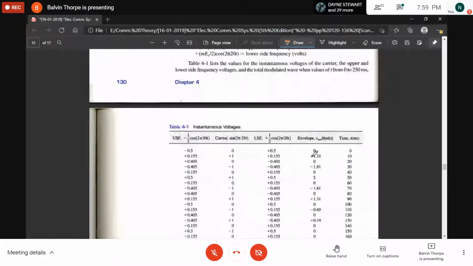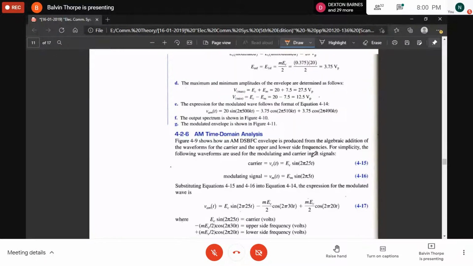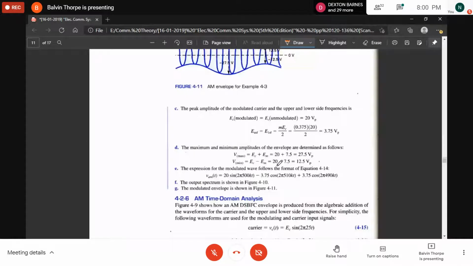Yes, so that would be the EC we put in the information wave part, and the peak upper and lower would be what we put for these bands. This is what we calculated already. Remember, 20, and this was 20 times 0.375 over 2. Likewise, this one.